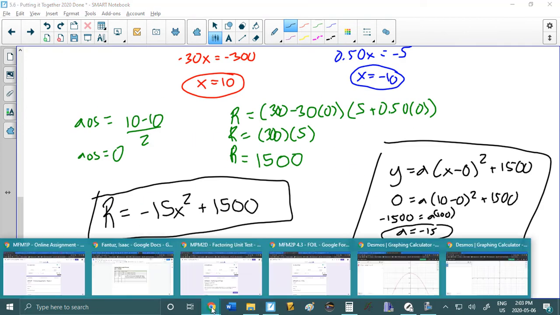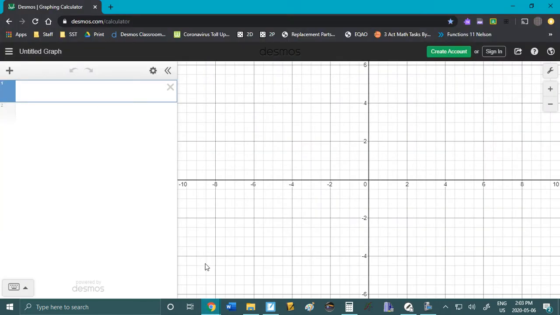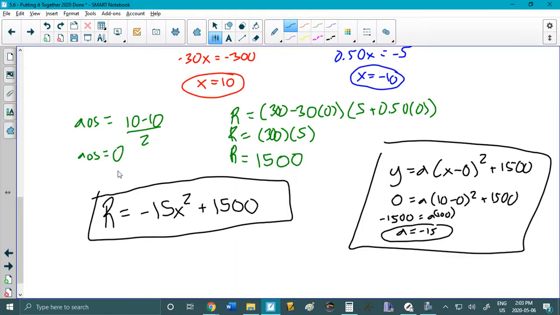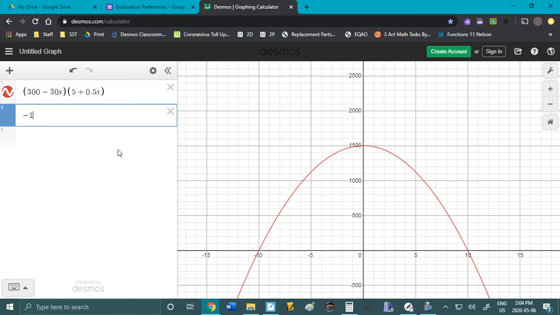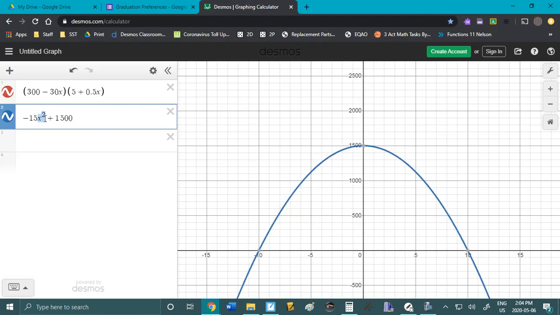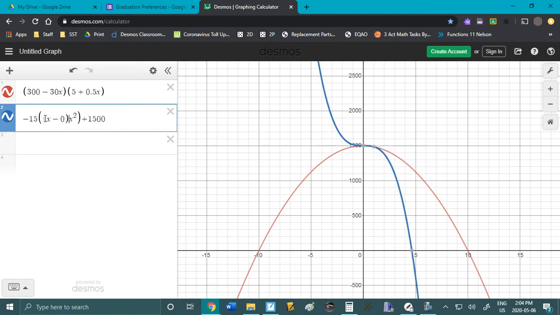That's strange. So let's go back to the Desmos here. I guess the other Desmos. And let's try this. Let's go negative 15. Was it negative 15? Yeah, negative 15 x squared plus 1500. Ha! It's the same! But, okay, so let's put it in vertex form. x minus 0.